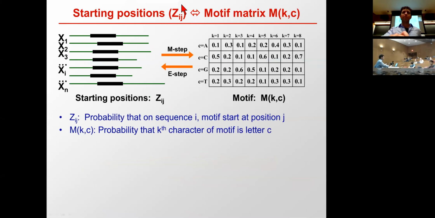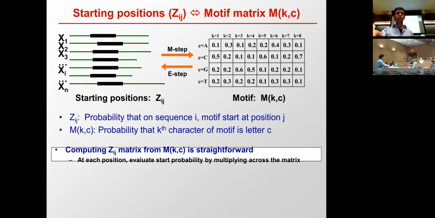So now, if I have my starting positions, Zij, which basically tells me the probability of starting at every location for every sequence, and if I have a motif matrix, which basically tells me what is the probability of seeing each of the characters in every position of the motif, then I can now define mathematically what it means to go between them back and forth. Okay?